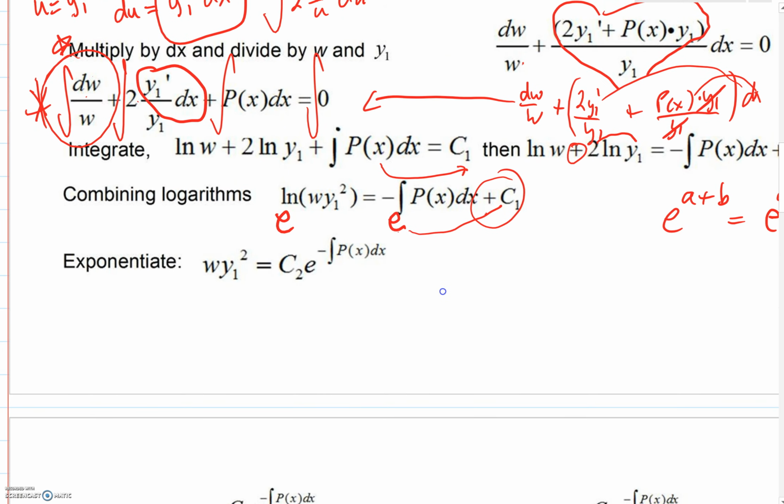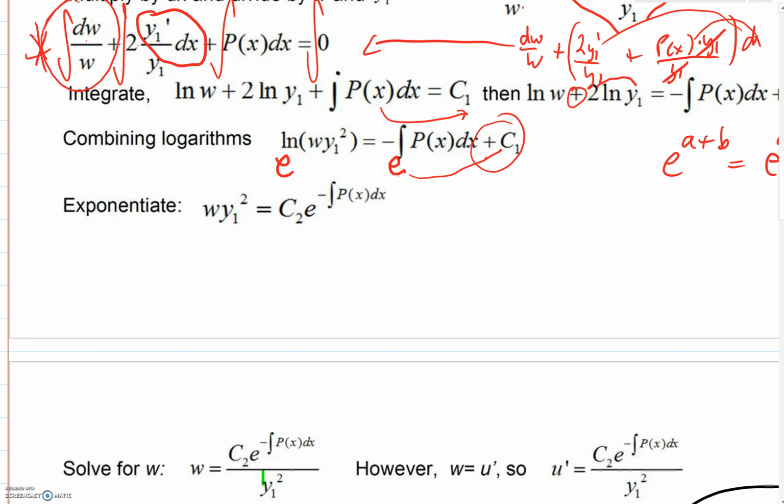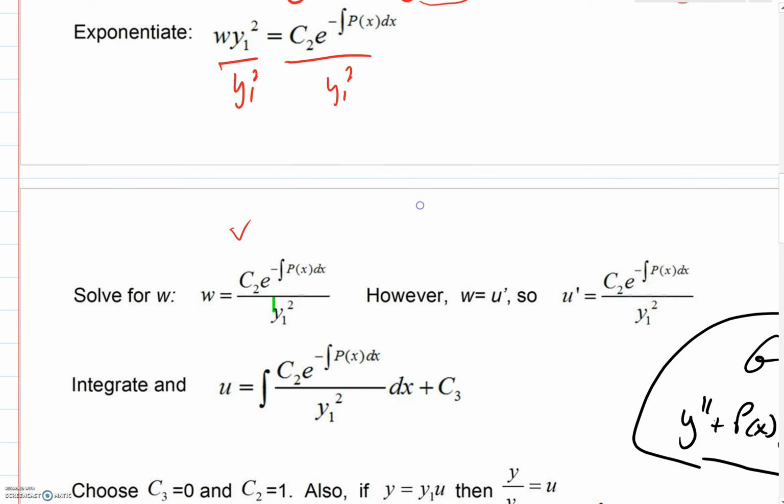And guys, as we are moving on with this, you can see that we can continue to solve. To get w alone, of course, you'd say, well, how about I get a division here by y sub 1 squared? And that's what we've got right over here. Well, as we continue, you could say, now wait a minute, we had a substitution for w.